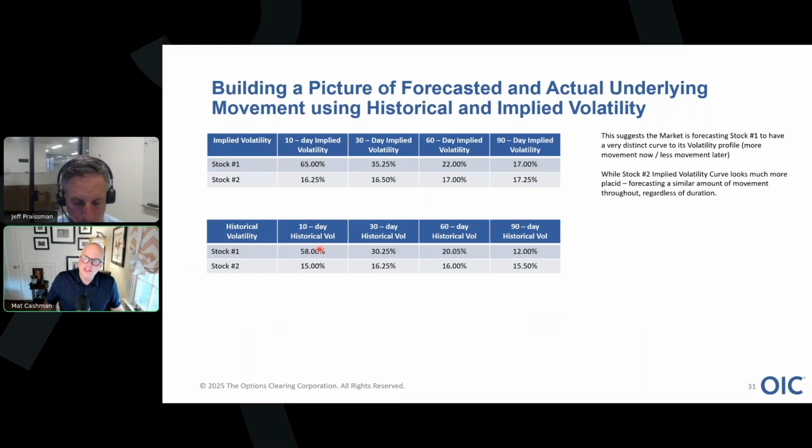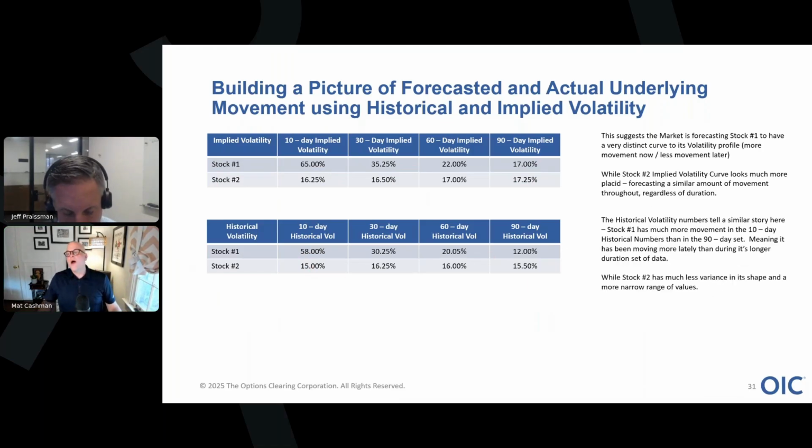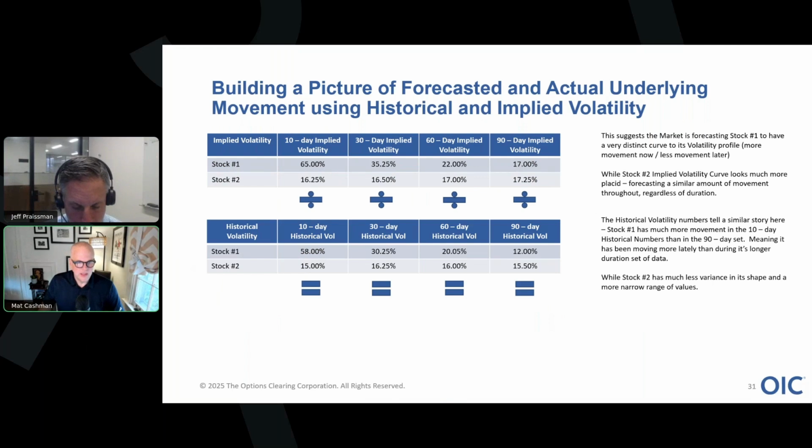So we have a 10-day historical vol in stock one that looks similar to its implied volatility term structure. 58 up front, 12 in the back. Meanwhile, stock two has basically the same historical vol for all of these periods, somewhere between 15 and 16. Now, what I am suggesting is that we take the implied vol and we divide it by the historical vol.